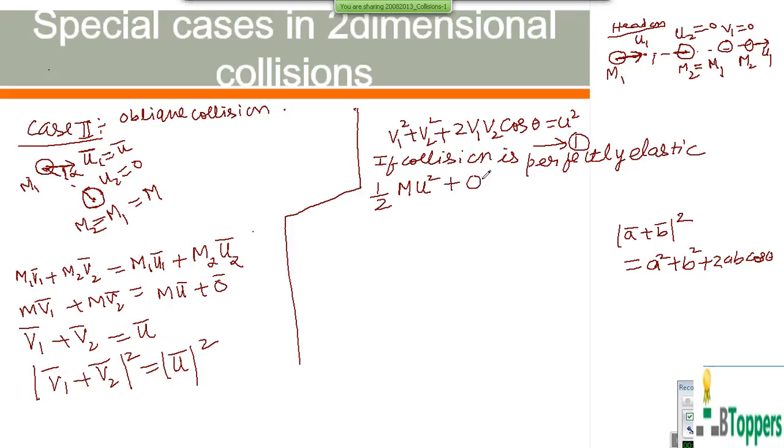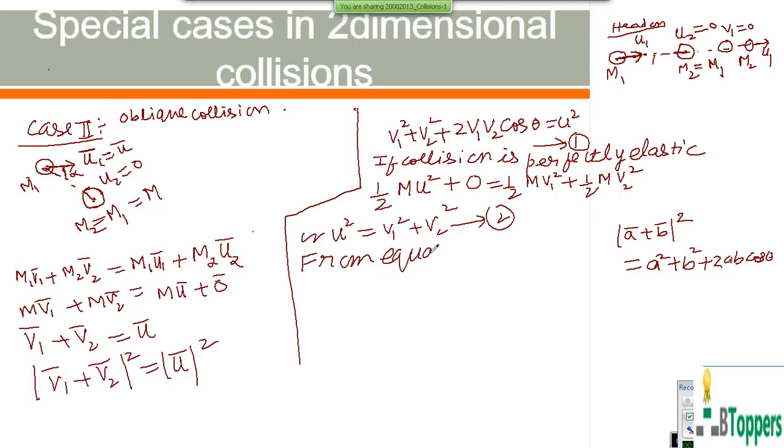Initial kinetic energy of the second mass is 0. The final kinetic energy of the first mass you can write as half m1 v1 square. Final kinetic energy of the second mass you can write as half m2 v2 square. Here m2 equal to m, m1 equal to m. So you get u square equal to v1 square plus v2 square.